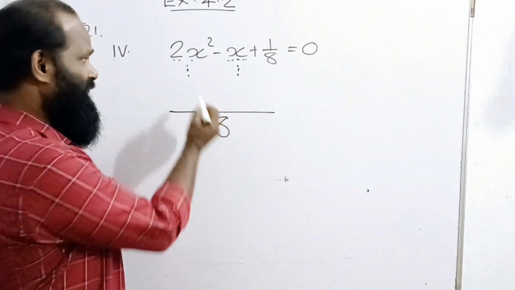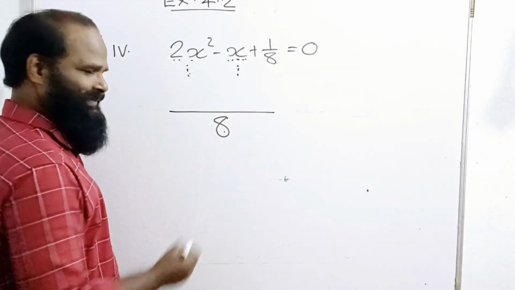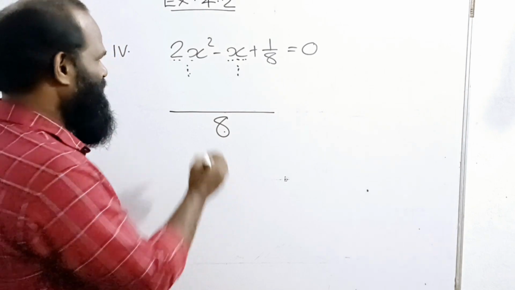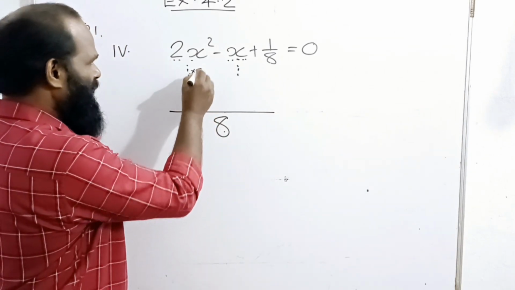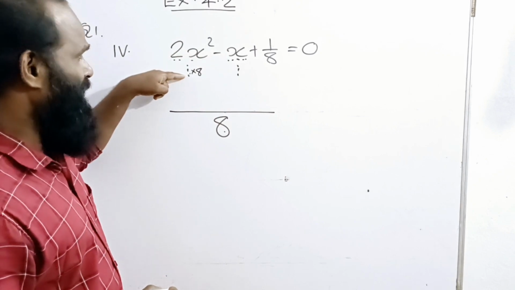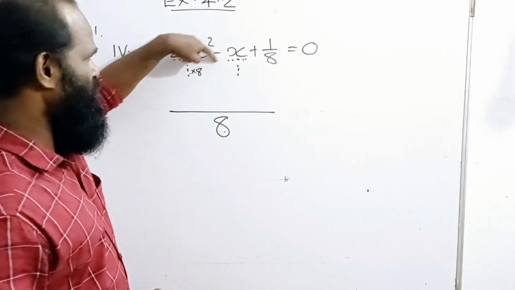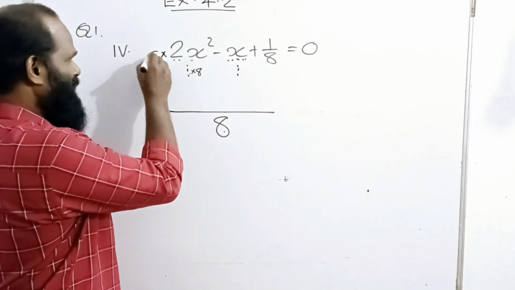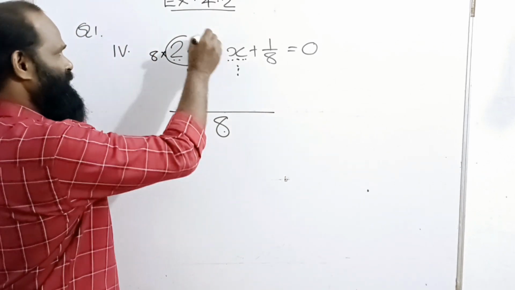That means this number has become 8. When its previous denominator 1 becomes 8, this is multiplied by 8. When its denominator is multiplied by 8, its numerator should also be multiplied by 8. That means this term is multiplied by 8.